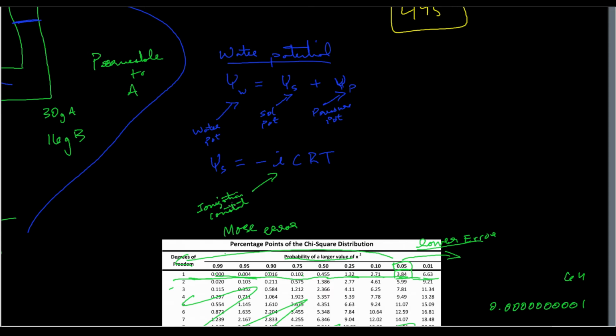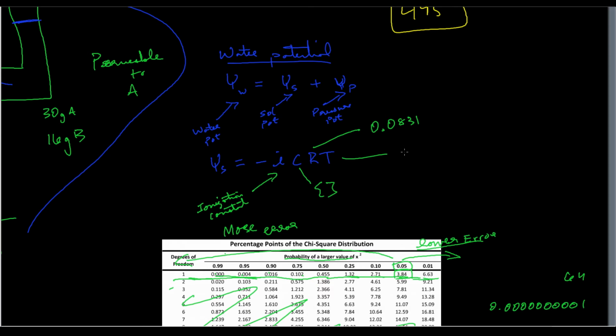So then C is the concentration in molarity. So remember that's in molarity. R is the ideal gas constant, or the solute constant. It's a constant, right? It's 0.0831. In chemistry, we know this as the ideal gas constant, and we use that for biology too.